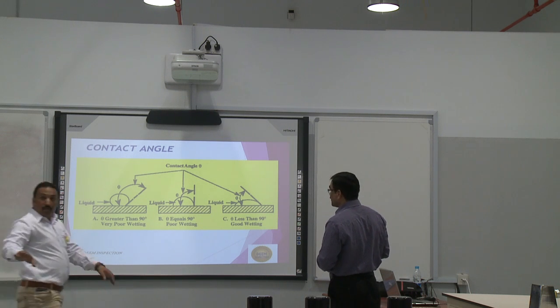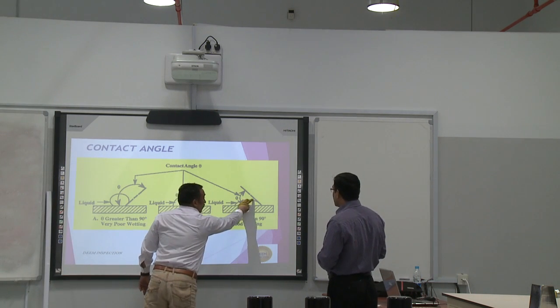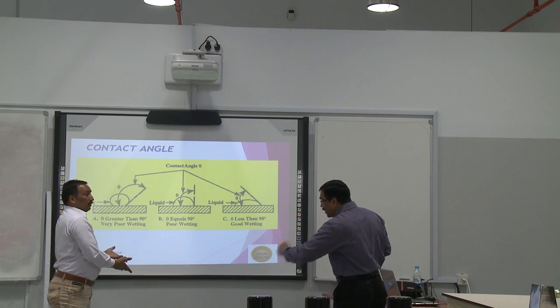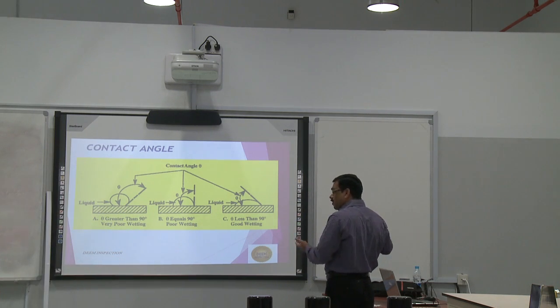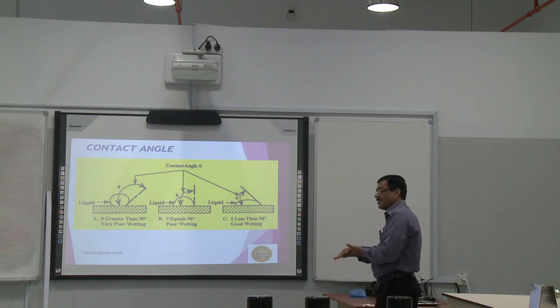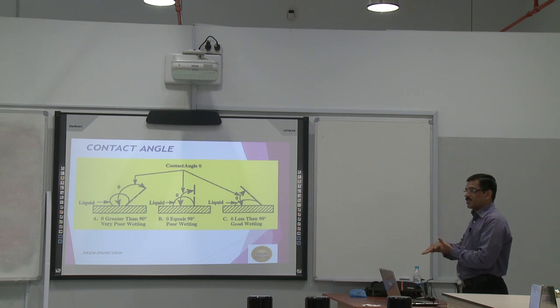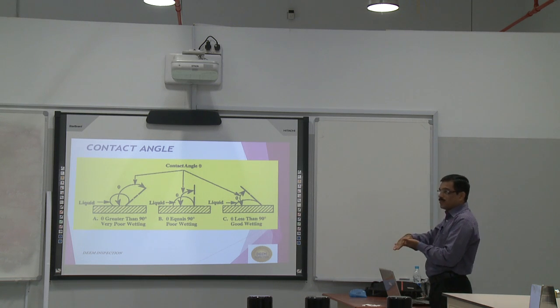From here it is 60, and here is also 60. But on the pouring side, we are talking about the pouring. If you have some liquid pouring onto the plate, during the pouring time, that angle is what we calculate.